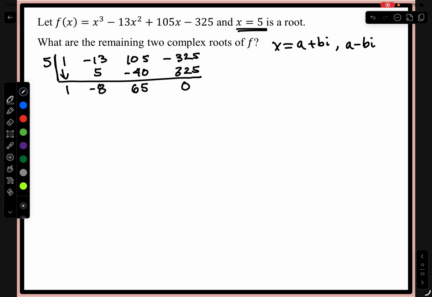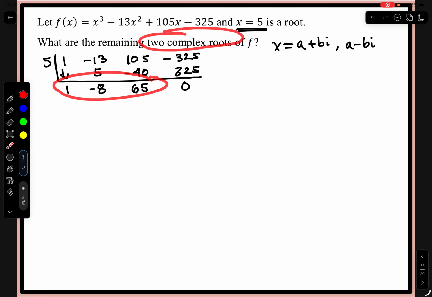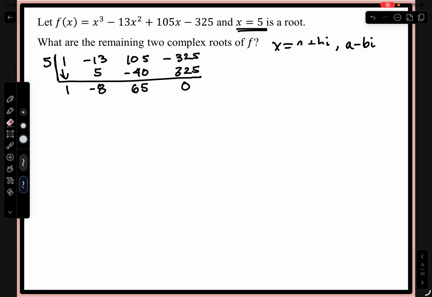Now, since the question tells us that the answers are going to be complex, factorization is not going to work. The only way we find these complex numbers is if we use the quadratic formula. So let me write it here for reference.